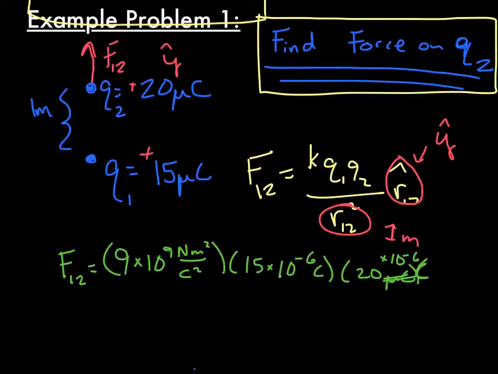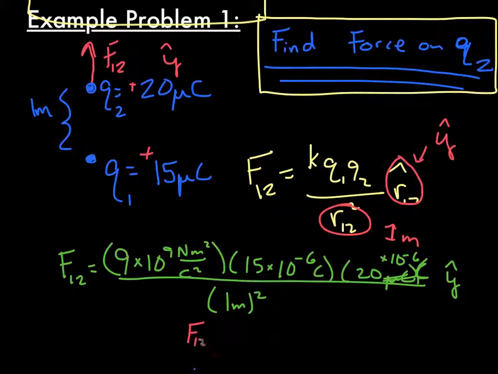R12 is y hat all over the distance, which is 1 meter, already in base units, squared. Plugging in all of your numbers, the force between 1 and 2 equals 2.7 newtons in the y hat direction.